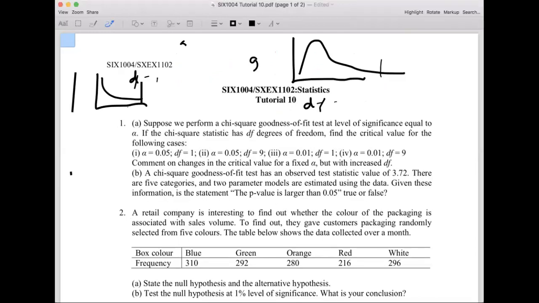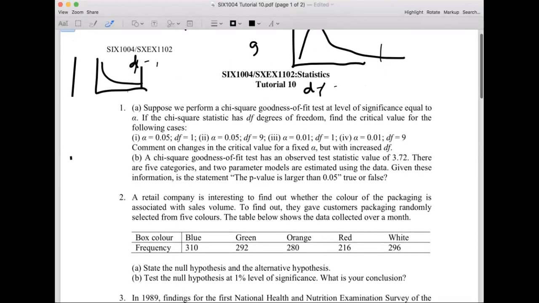So going back to this part here, over here your degree of freedom is 3. So then you have to check the table. So what does the table say?